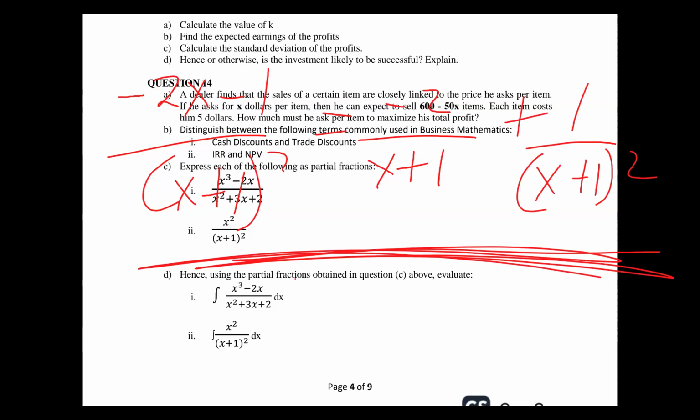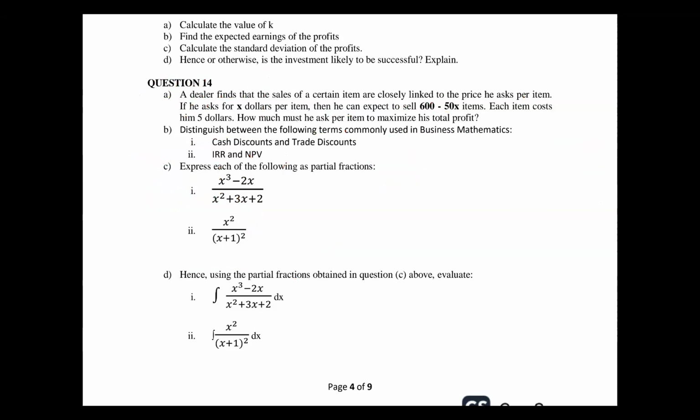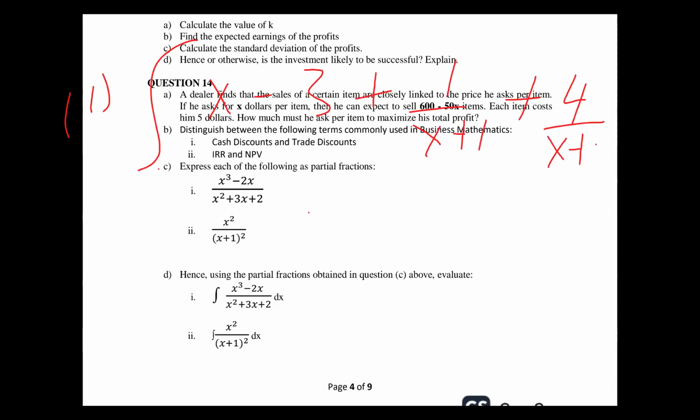So for example, let's start with the first one. That's part D1 now. The answer we found was x minus 3 plus 1 over (x + 1) plus 4 over (x + 2). When you integrate this, you use the integral symbol everywhere.